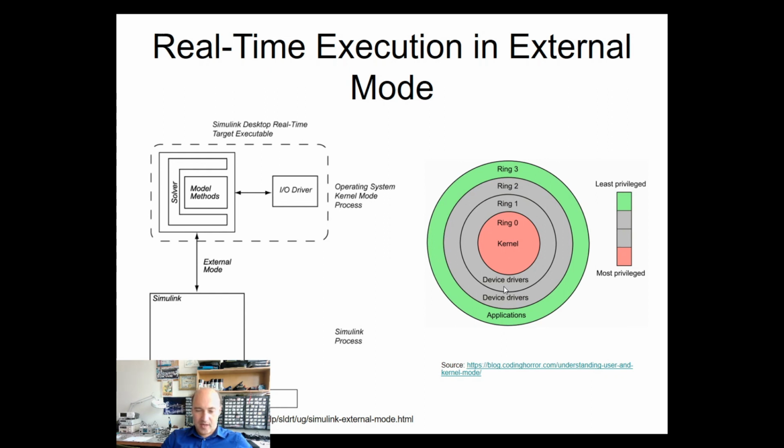So now the following commands that you will see will switch the Simulink into this mode, where it will first compile the model, and then it will start it in this kernel mode, and it will communicate through what's called external mode with MATLAB.